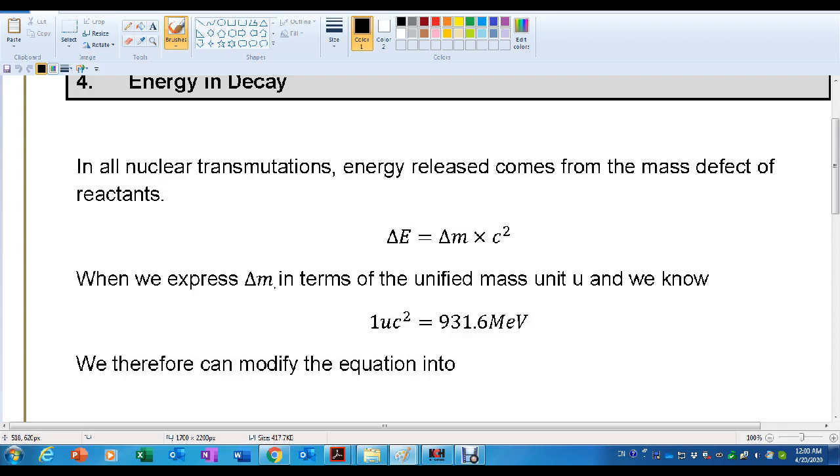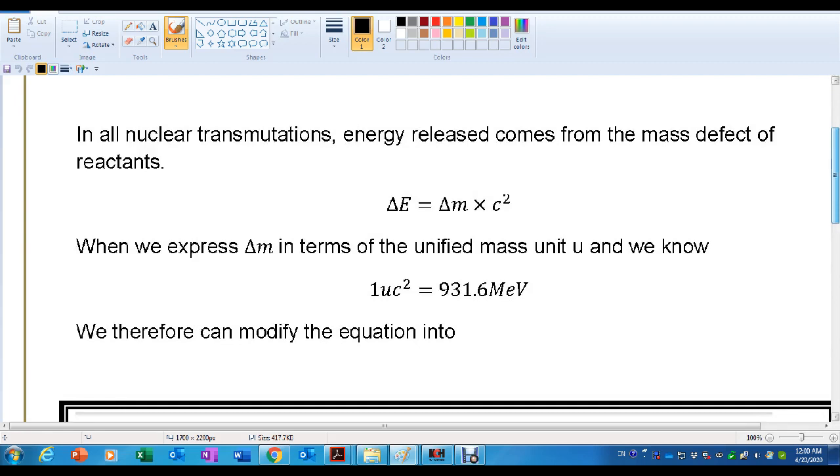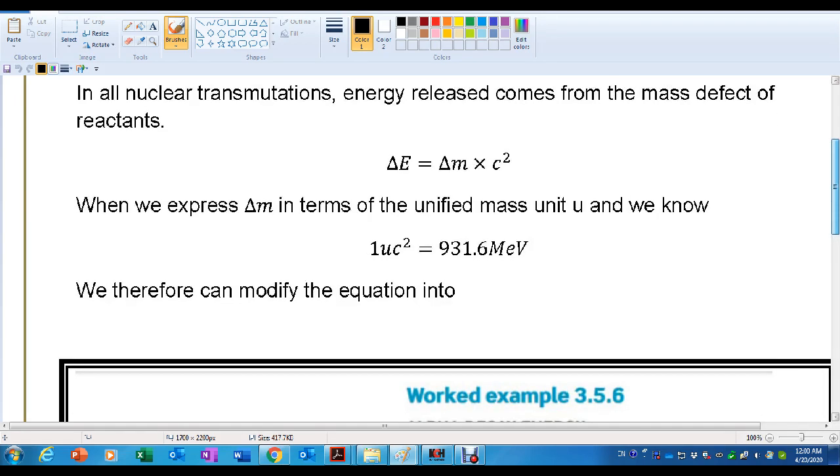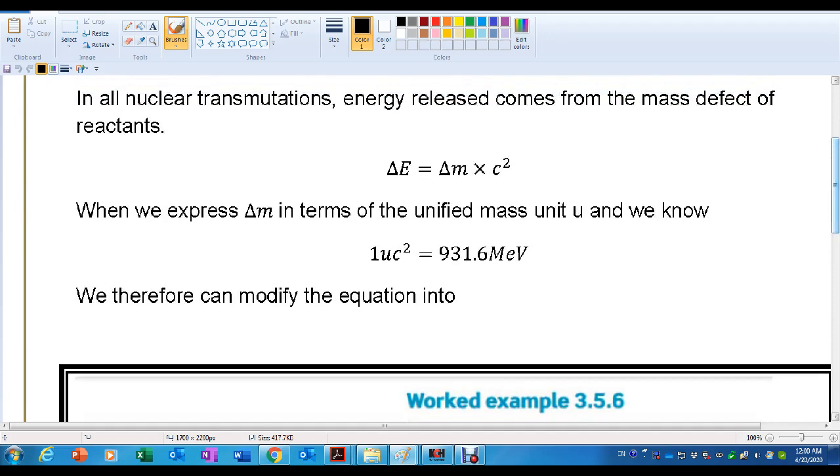When we express delta M in terms of the unified mass unit, you can convert that delta M into mass in u, and 1 uc squared equals this one, right? And then we therefore can modify the equation into what?